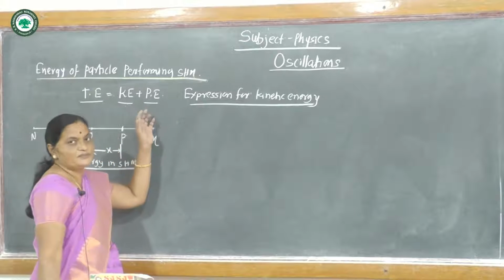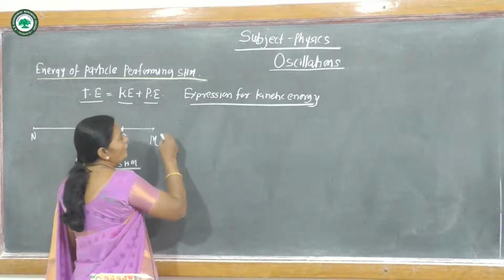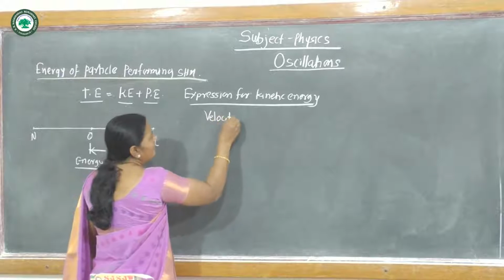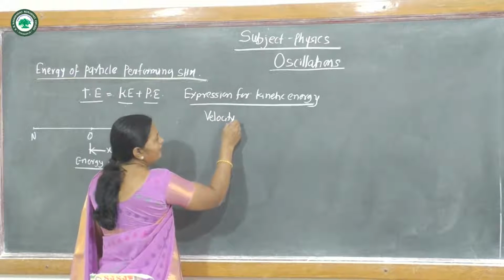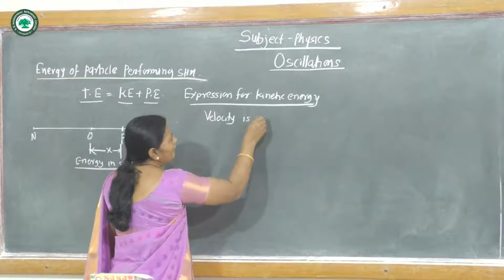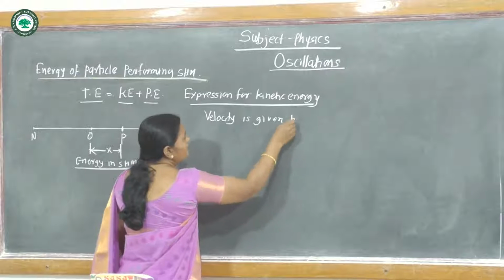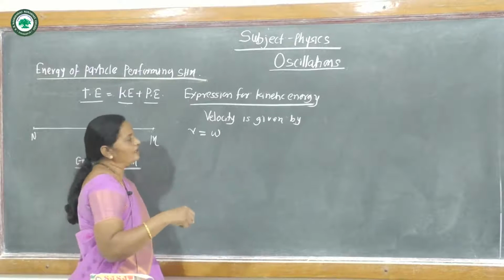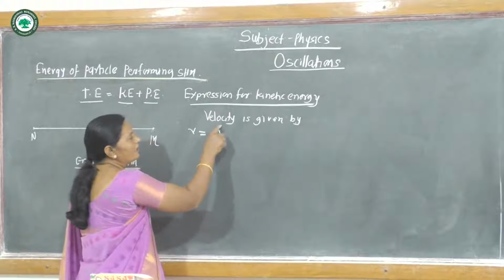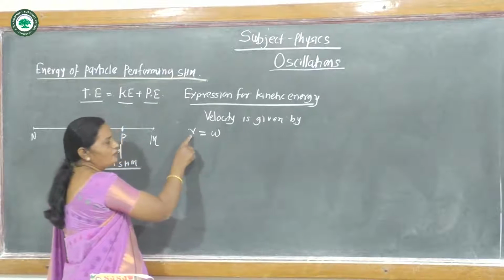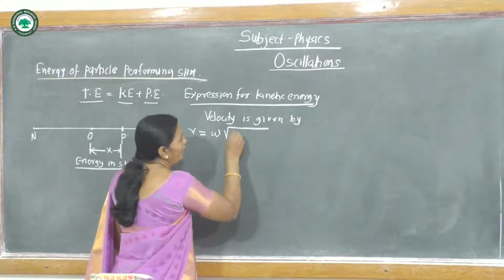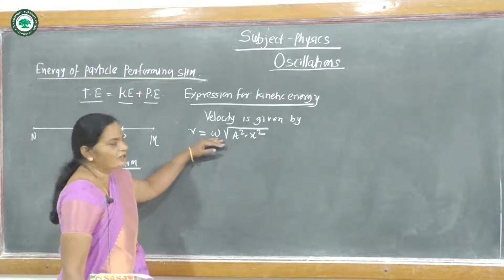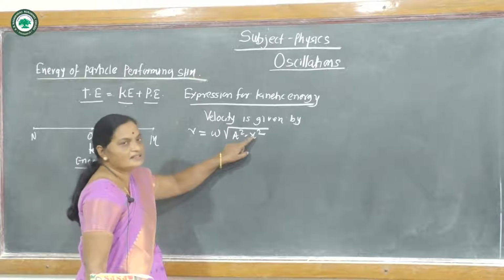When the particle performs simple harmonic motion, the magnitude of velocity is given by the formula V is equal to plus or minus omega root of a square minus x square, but here we consider only the magnitude, therefore V is equal to omega root of a square minus x square, where V is linear velocity, omega is angular velocity, a is amplitude, and x is the displacement.